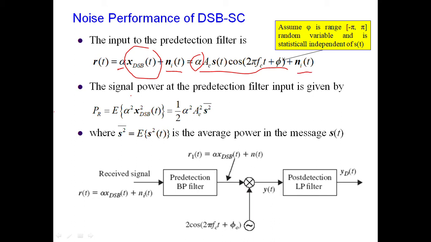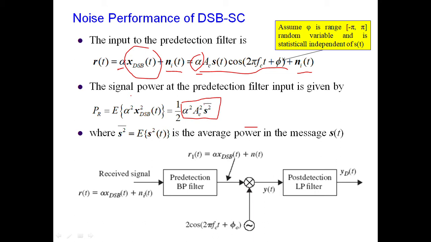To measure the power at this receiver, we will call it the power at the receiver. Remember, the way to measure power is the amplitude squared divided by 2. So the amplitude here is alpha, so alpha squared, Ac is the amplitude of the carrier squared, and s squared bar.